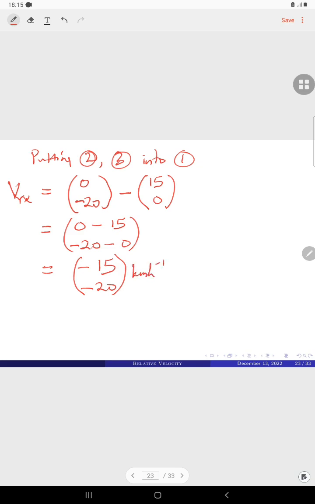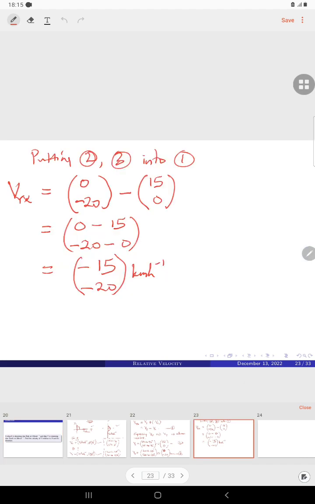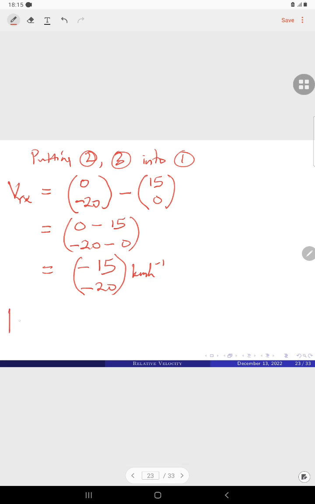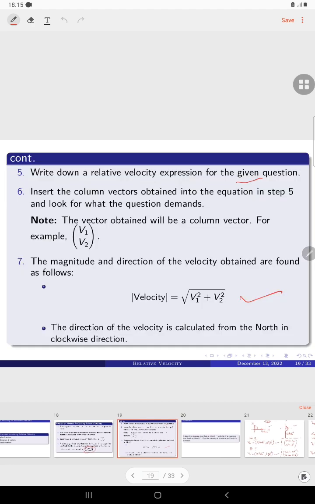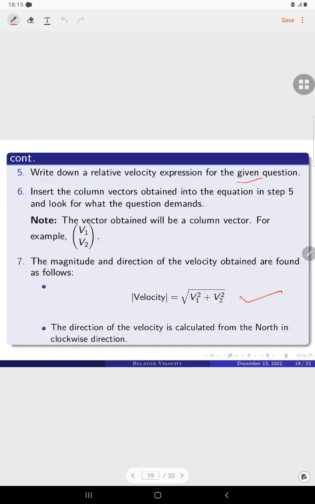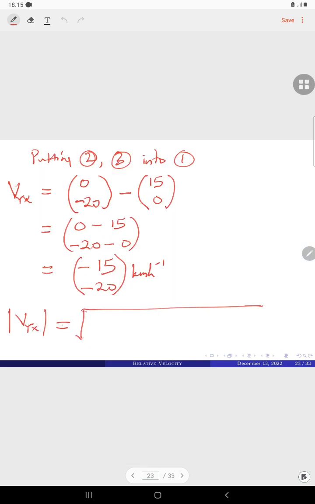But this is not our destination, because according to the question, we are supposed to find the velocity of Y relative to X and its direction. So we need the magnitude and the direction. So VYX is equal to the square root of, that is what this step is saying. Now we have gotten this form. So we are going to find the magnitude.